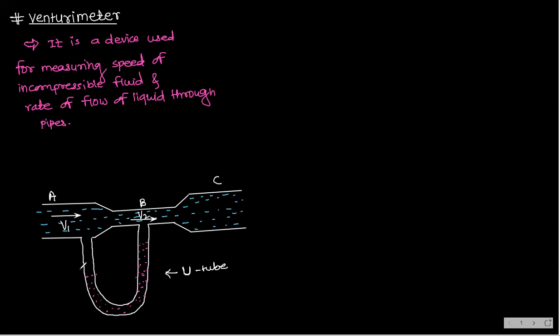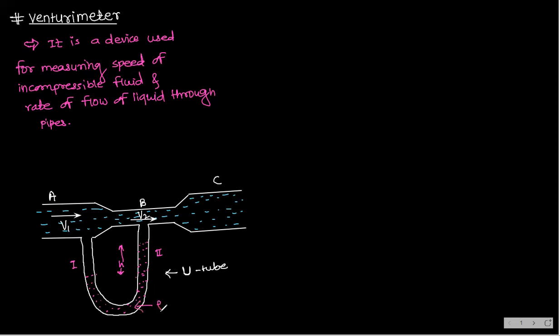And this is arm 1, this is arm 2, we can say, and this height difference is H. And this liquid is there, no?